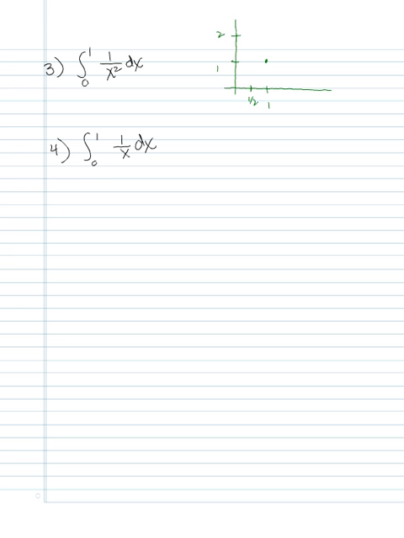What's hard to tell here, because I haven't done a good job of showing this, is that it goes like this. What we're doing is trying to figure out maybe this area. Because of the way this function works, it doesn't get close to the y-axis very rapidly. It got close to the x-axis rapidly, but not the y-axis. This diverges.